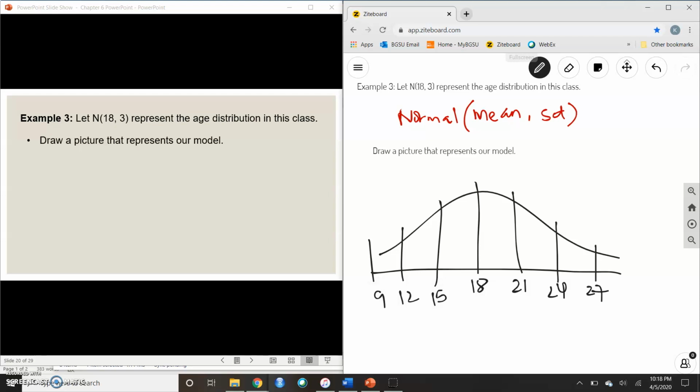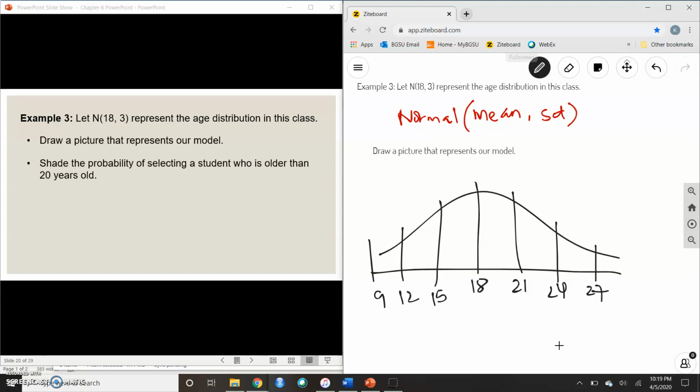So here I've drawn my curve, I labeled it, and now moving on to the second part of this example, I want to shade the probability of selecting a student who is older than 20 years old. Based on the model that I already drew right here, I want to shade the area that corresponds to a student who is older than 20.